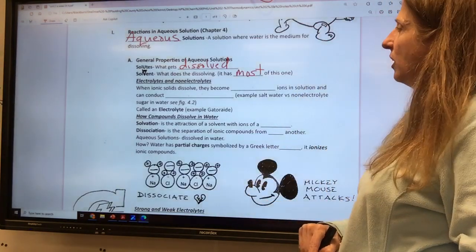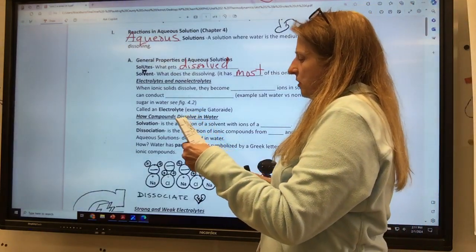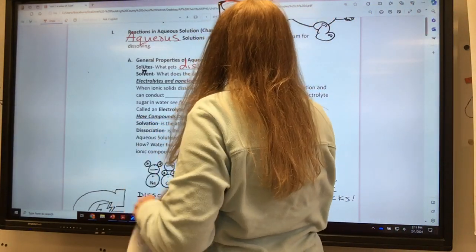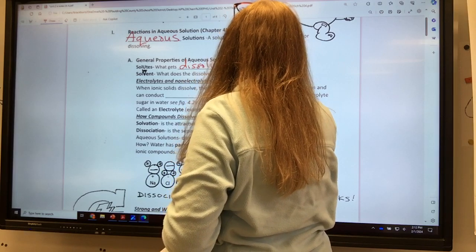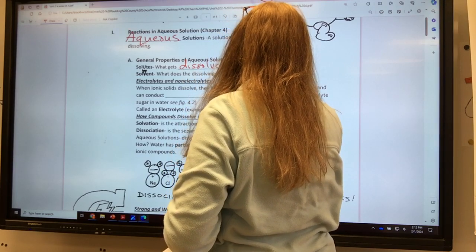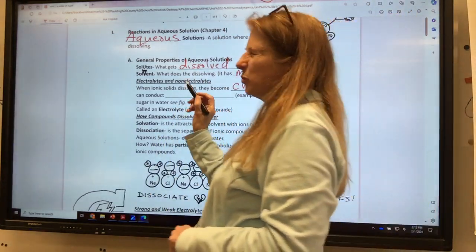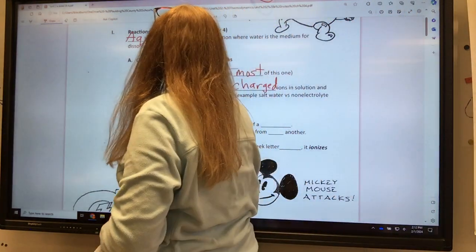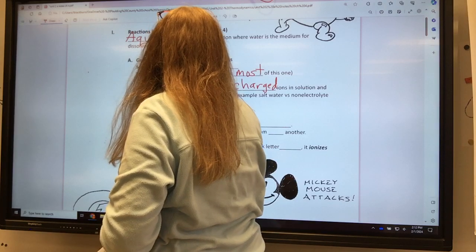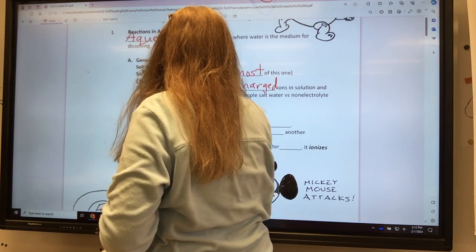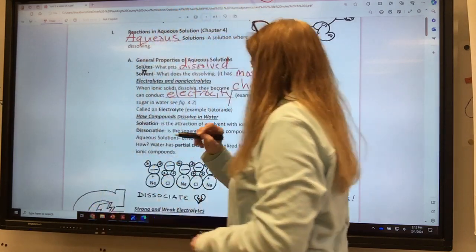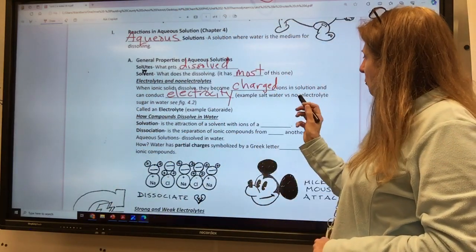Electrolytes and non-electrolytes. When ionic solids dissolve, they become charged ions in solution and can conduct what? Electricity. I always want to sing the electricity song from Schoolhouse Rock. So example, salt water.